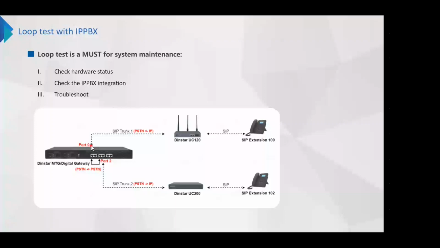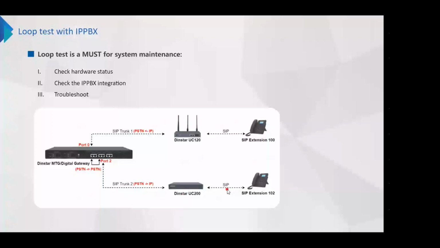After that, port 0 forwards to port 1 or port 2, and eventually port 2 forwards to the other SIP trunk. That SIP trunk points to the second UC or PBX and forwards to the extension. So you can see the whole process can be done properly.